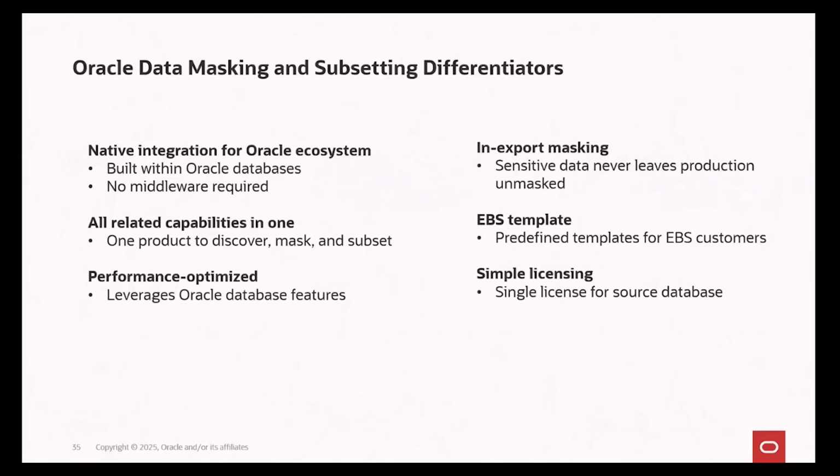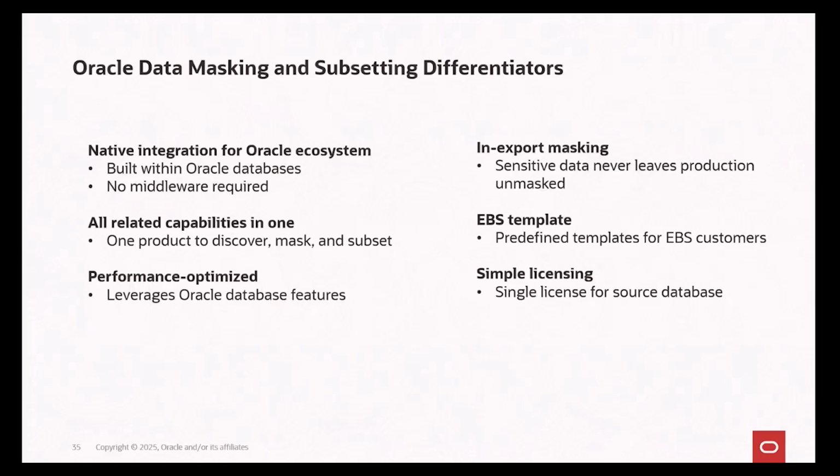First one is native integration with the Oracle ecosystem. It integrates natively with Oracle Enterprise Manager and the database itself, so there is no middleware, agents, or any additional infrastructure required. Then all the related capabilities, whether discover, mask, or subset, are included in this one unified product.